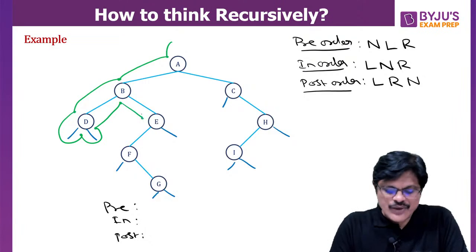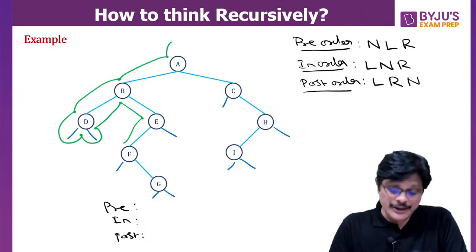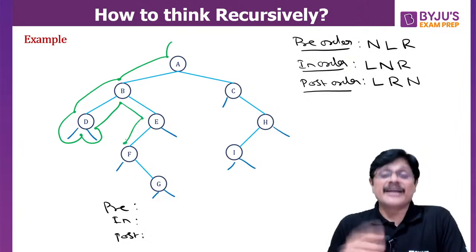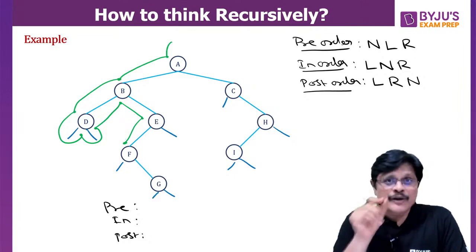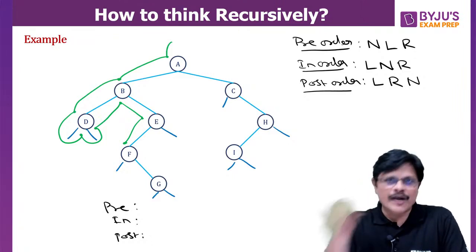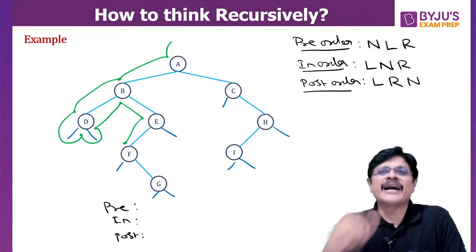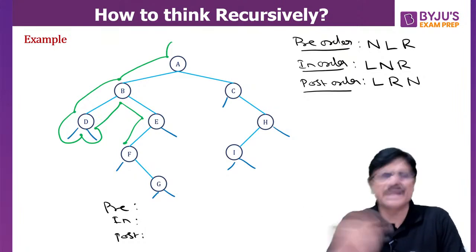Generally, I suggest 1 to 3 as I told you. Because with middle and right, people may get confused, but with 1, 2, 3, at 1s you are printing pre-order, at 2s you are printing in order, and at 3s you are printing post order, and that would be easy for you.